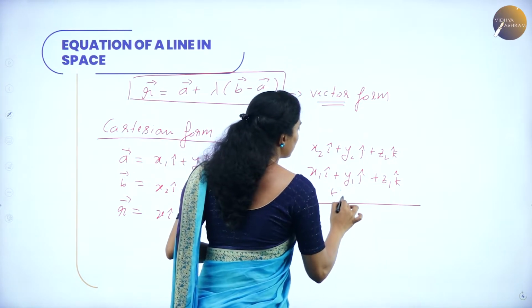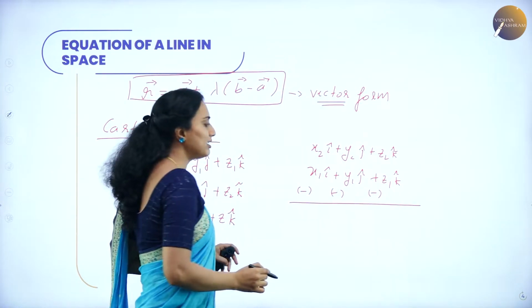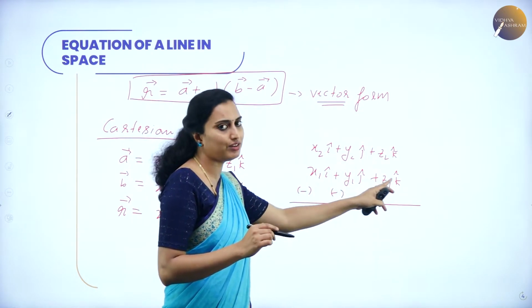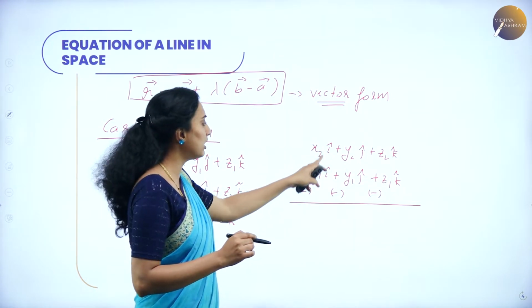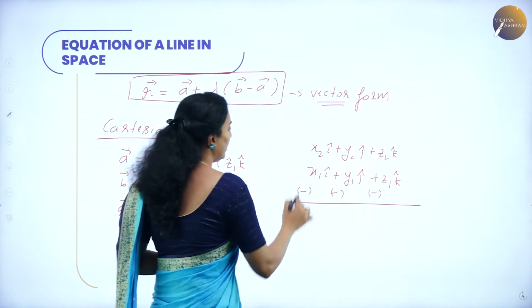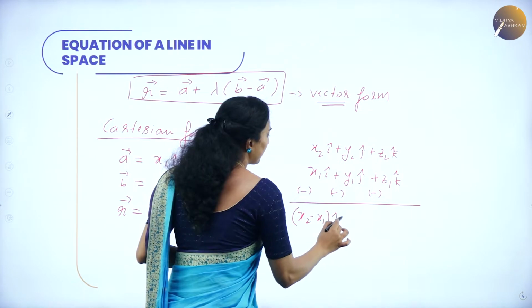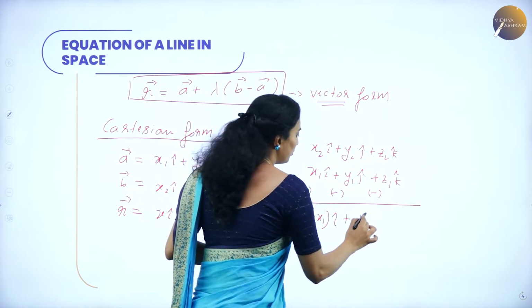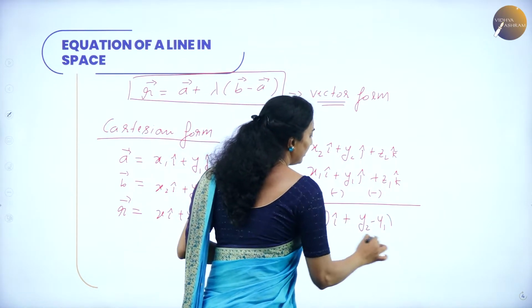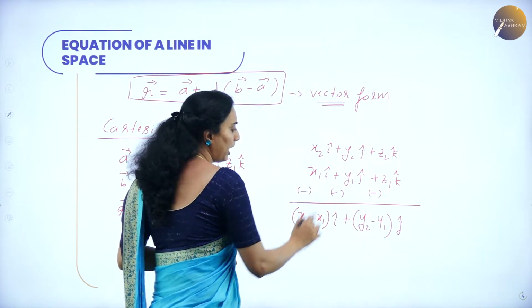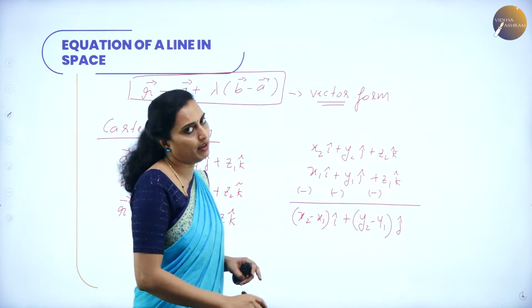If I subtract, I can take a common factor of i, then j, and then k. Taking the common factor of i, you can write x2 minus x1 into i plus y2 minus y1 into j, because y2 has a plus sign and y1 has a minus sign, as we need to subtract the a vector.